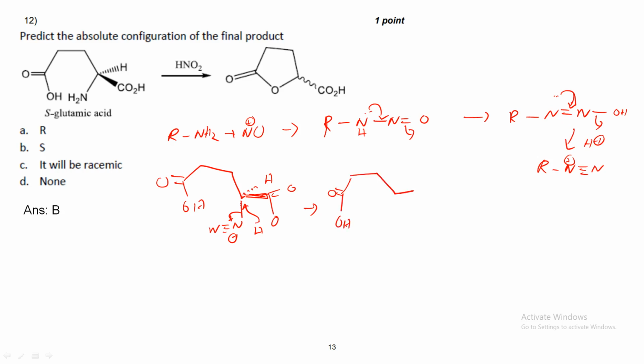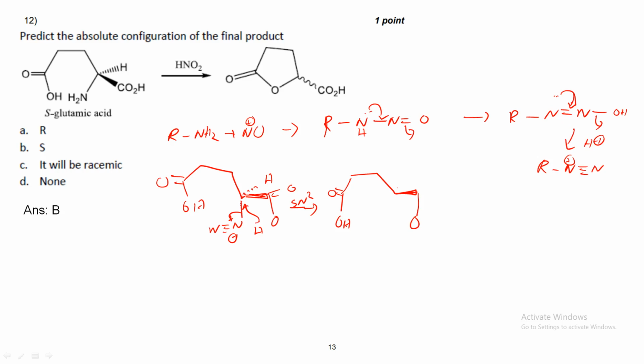So in this way it generates. So here the first SN2 attack is happening. After the first SN2 attack, inversion would be there. So let's do it like that.